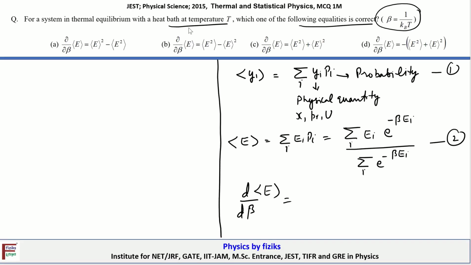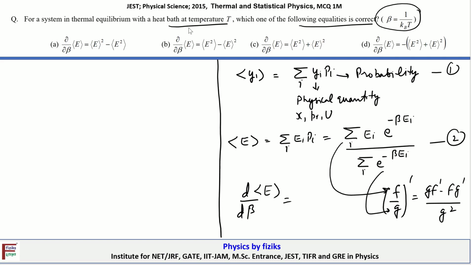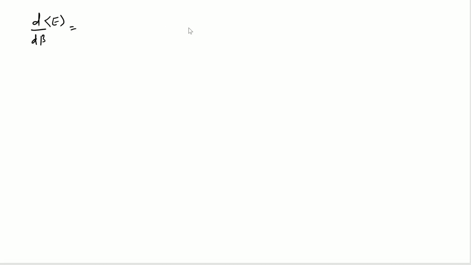Okay, so here the quantity dE by d beta, we are interested in evaluating d by d beta of average of E. If you take a look at the expression that we obtained, we will follow the rule that the differential of f by g is (g f dash minus f g dash) upon g square. Here the numerator represents f, and the denominator represents g. So we will apply this rule in equation 2 and write the differential.